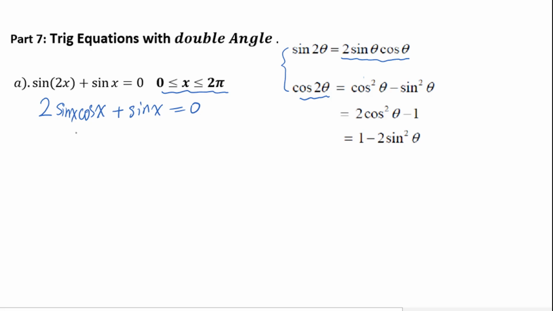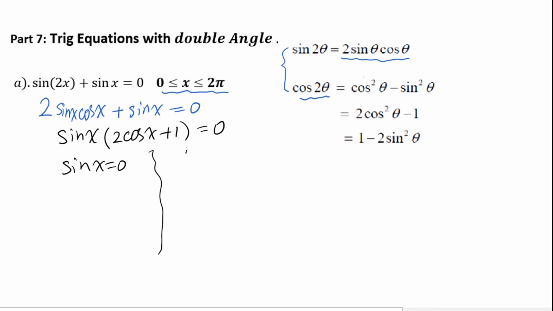So the common factor is sine x. 2 cosine x plus 1 equal to 0. Therefore, sine x equal to 0 and cosine x equals minus 1 on both sides, then divided by 2. That is negative 1 over 2.